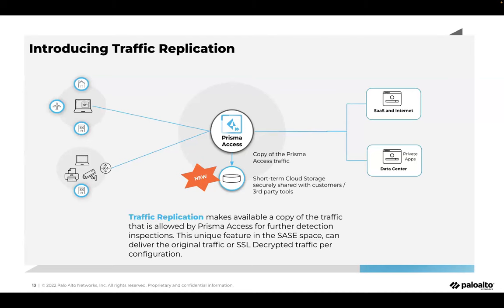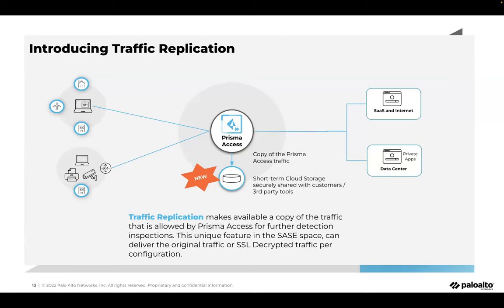Now, because we are fully in the cloud, there are certain complexities that we need to account for, and not just technical complexity, but also thinking about what's most effective from a cost perspective for our customers. We all know that moving traffic around from the cloud to somewhere else can become quite expensive.